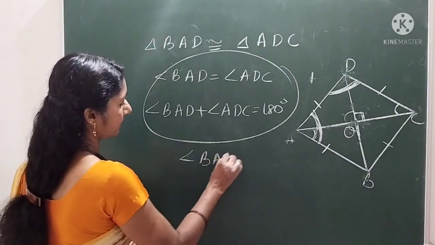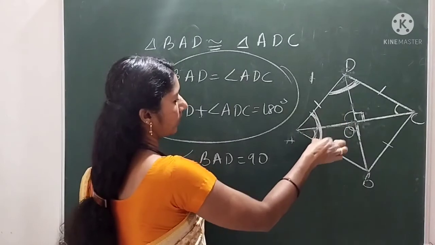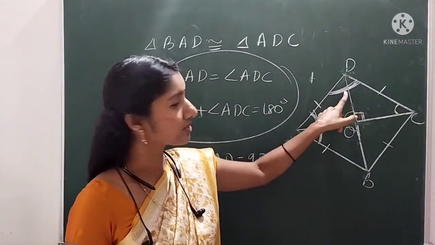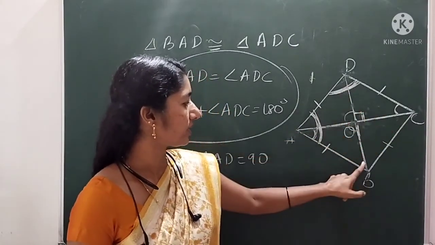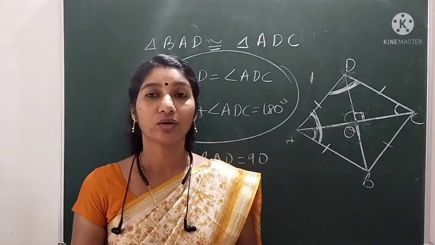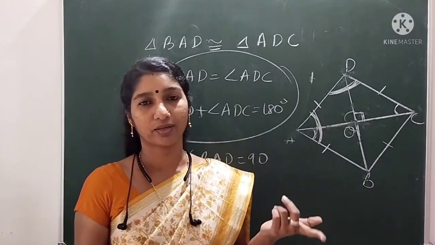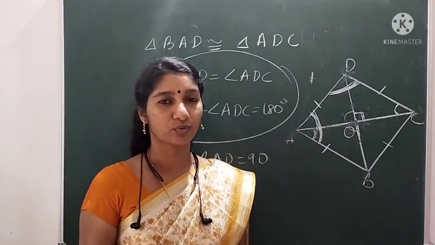So angle BAD is equal to 90 degrees. We got one angle of this rhombus is 90 degrees, so automatically the opposite angle is also 90 degrees. Now all the angles are 90 degrees, and it is a parallelogram and a rhombus, so it is a square. Okay, like this its proof comes.